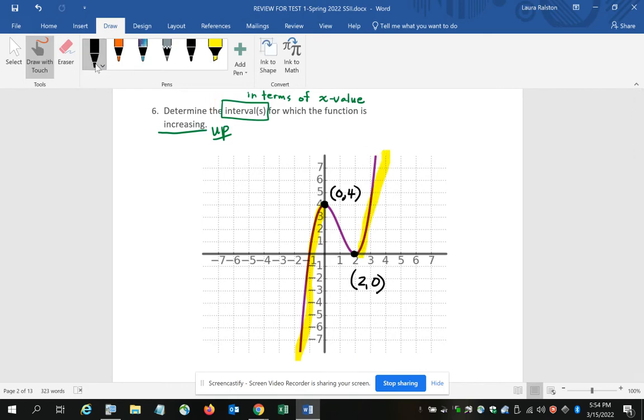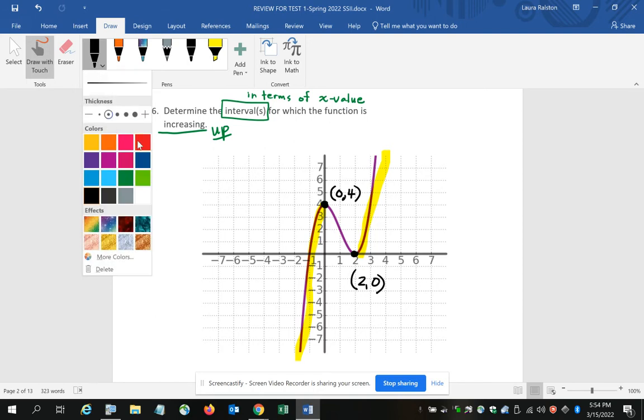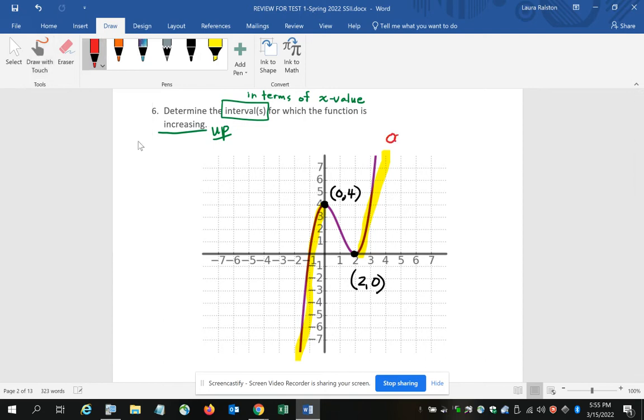You do have to remember that your graph continues on beyond the edges of the computer screen, and so technically this keeps going forever and ever, which we denote by an infinity, and on the lower end it would be negative infinity.